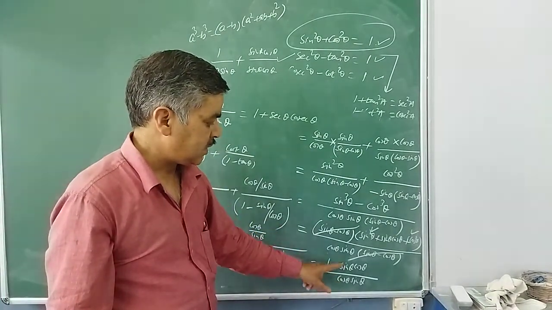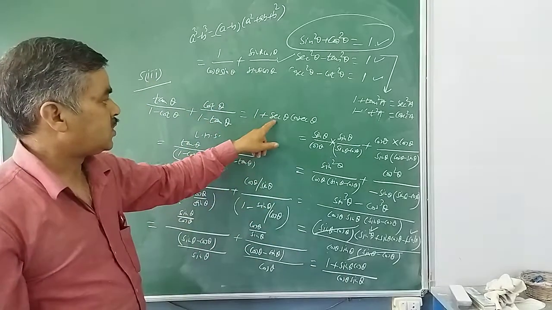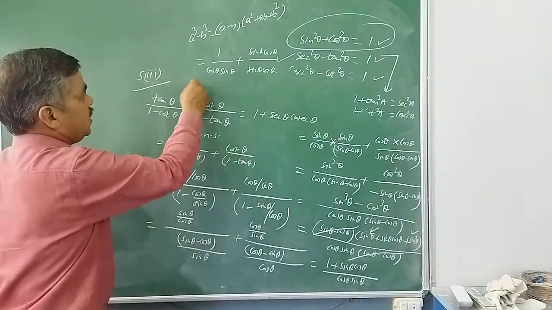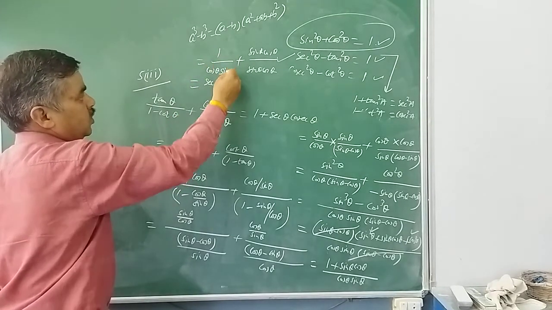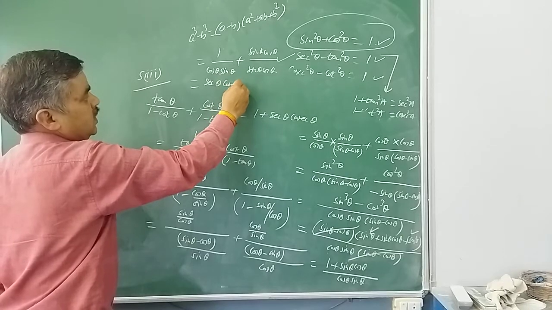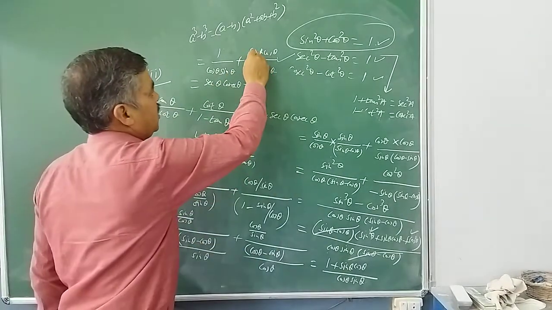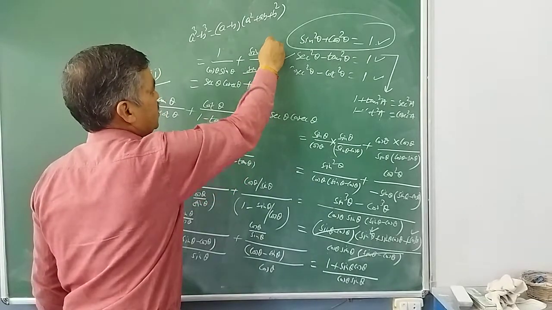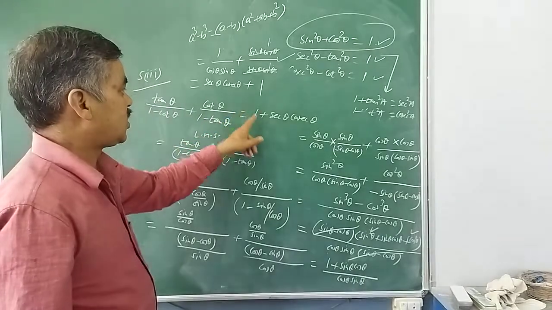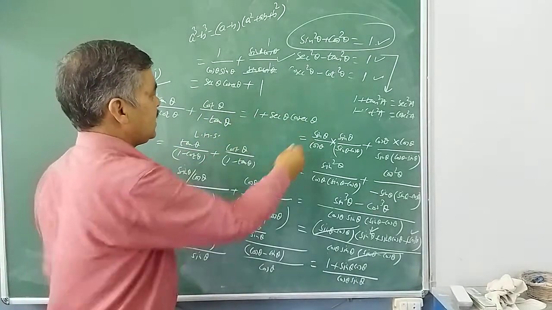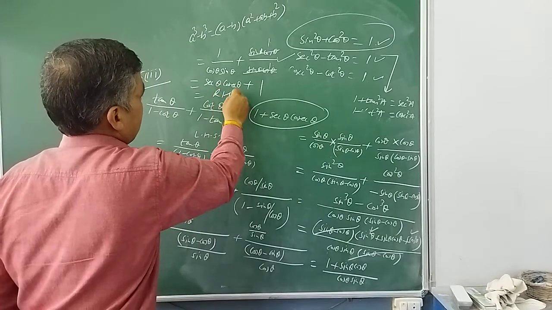This upon this plus this upon this. So 1 upon cos will give you what? Secant theta cosecant theta. The reciprocal of cos is secant theta, the reciprocal of sin is cosecant theta, plus sin theta cos theta upon sin theta cos theta will go off, and 1 upon 1 is 1. So that you can check is your right hand side here. So this is equal to your right hand side.